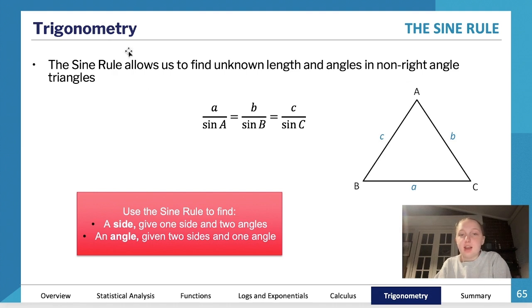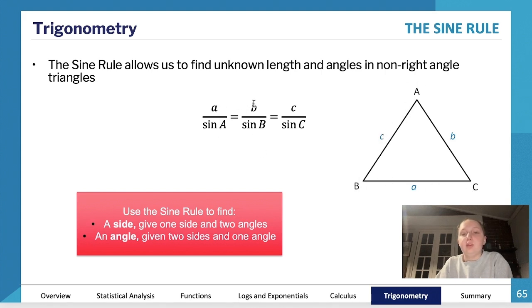We've got the sine rule, which allows us to find unknown lengths and angles in non-right angle triangles. So essentially what we're saying is that lowercase a, which is a side, over the sine of A, which is an angle, is equal to the side b over the sine of B, which is equal to side c over the sine of C. Okay, so our little ones are our sides, our uppercase are our angles.